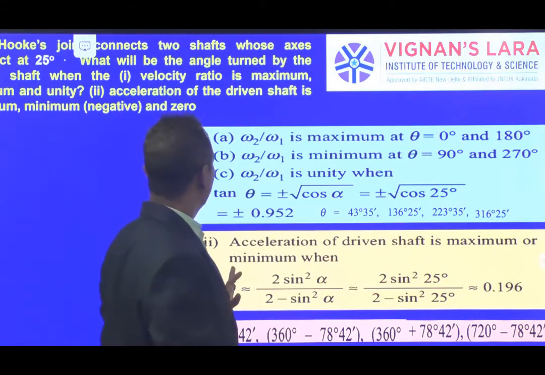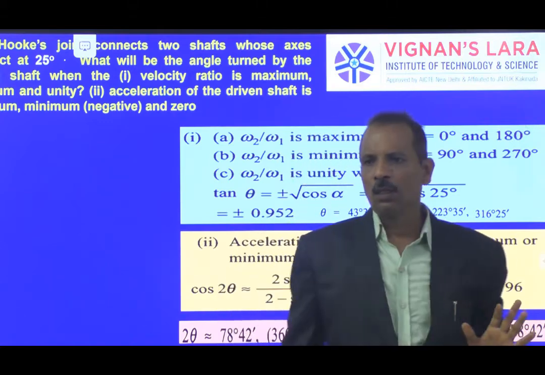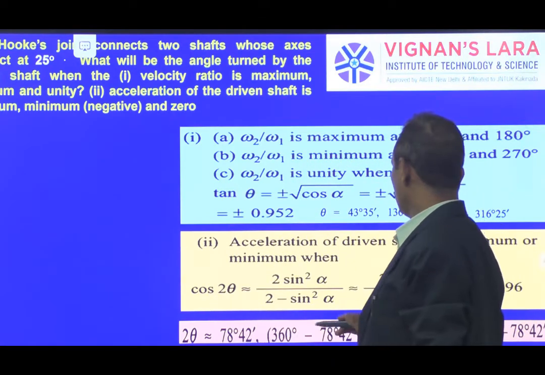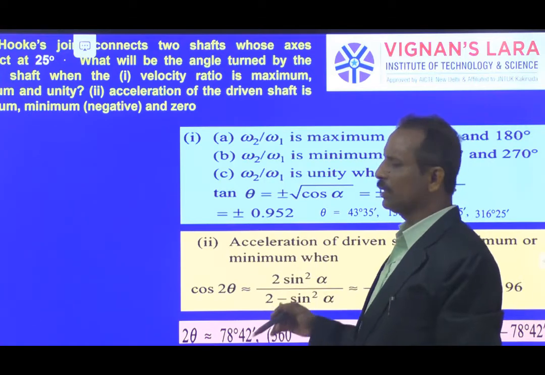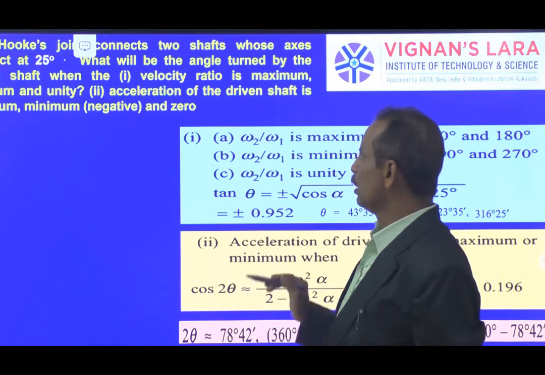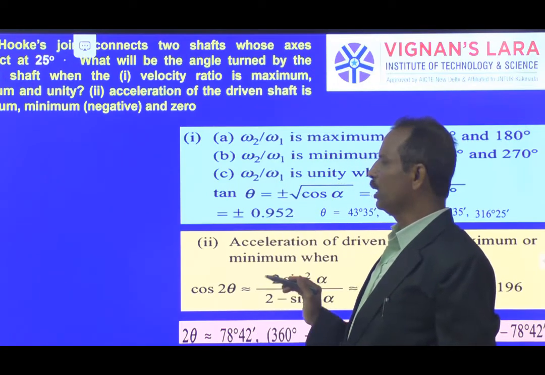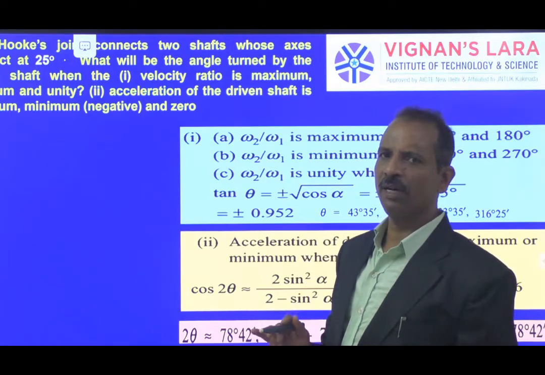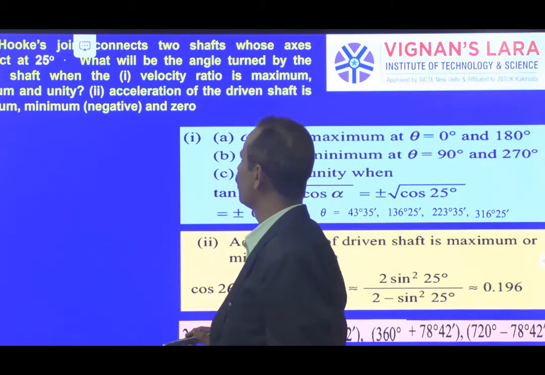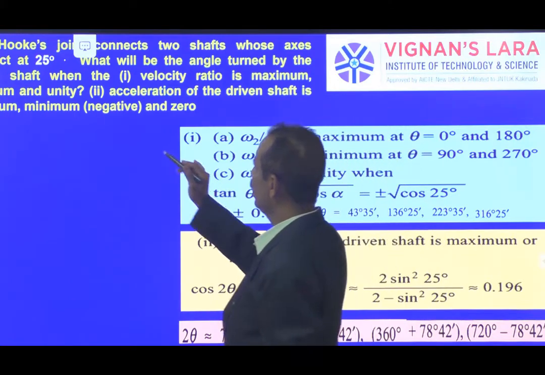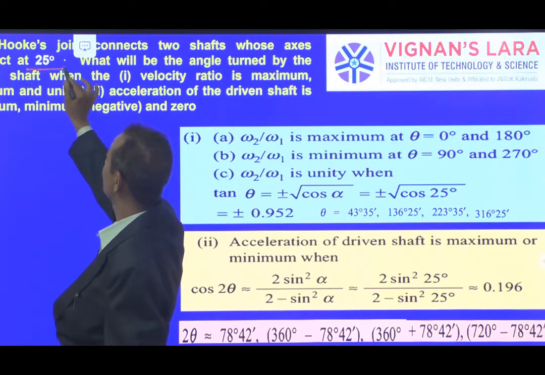Let us see another problem, which is different from the previous problems. But in all cases of the hook joint, our job is selecting the data and selecting the appropriate equation required to solve that particular problem. So, a hook joint connects two shafts whose axes intersect at 25 degrees.